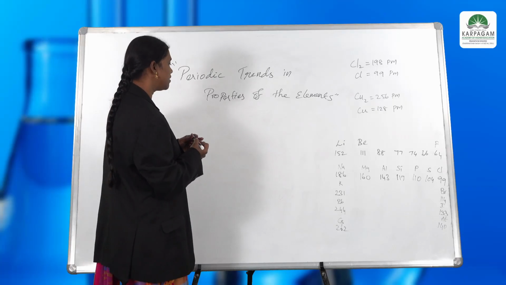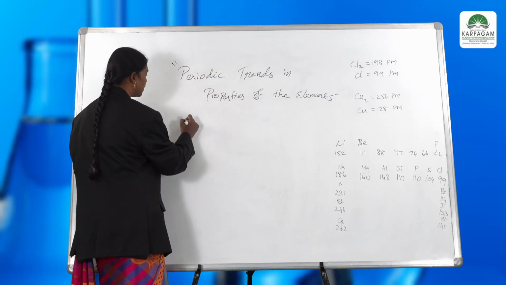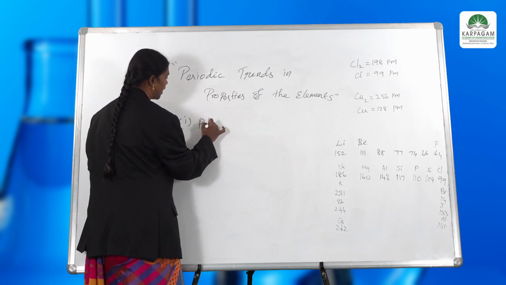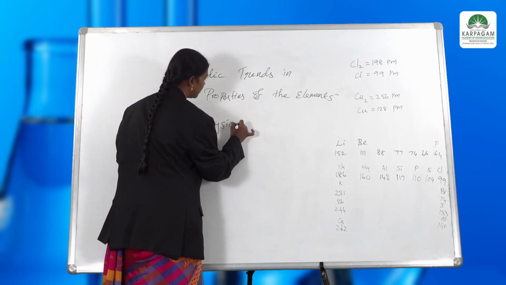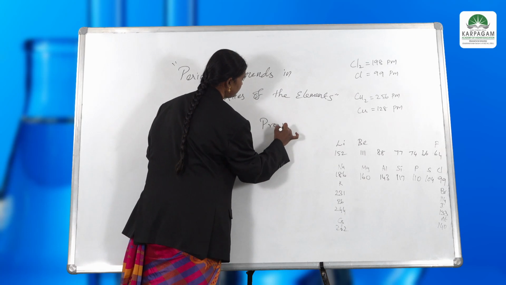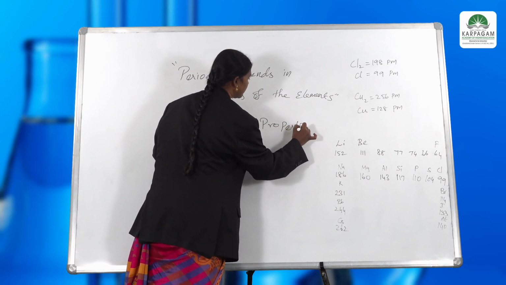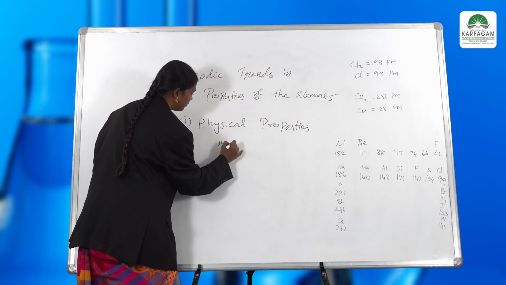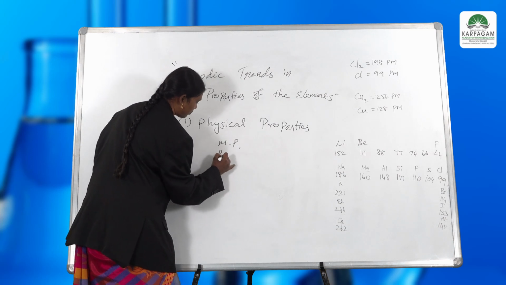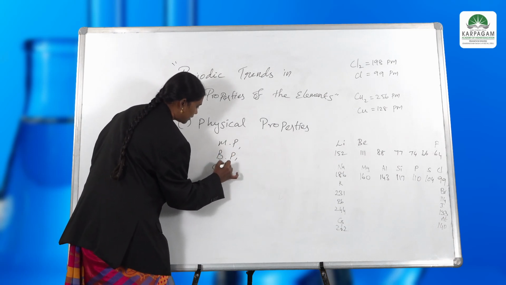First we see what the physical properties of the elements are. The normal physical properties are melting point, boiling point and color.